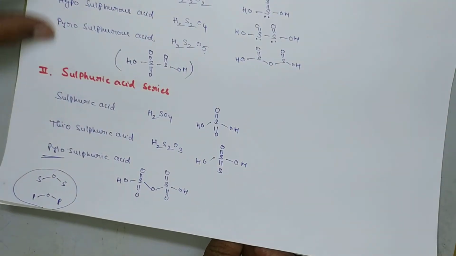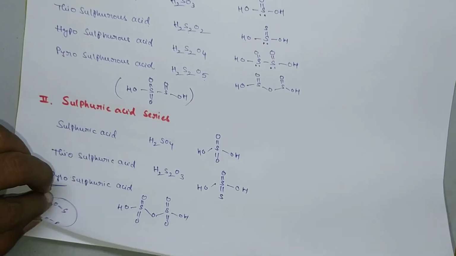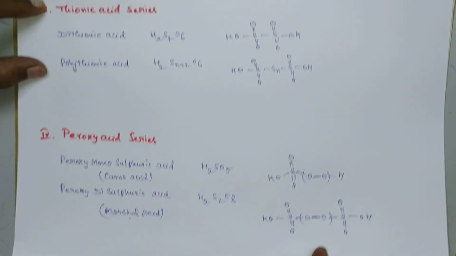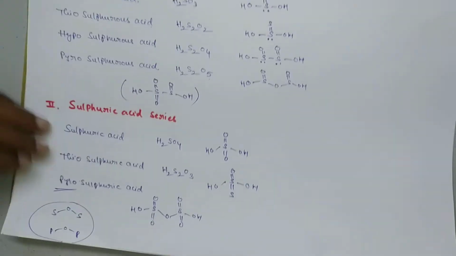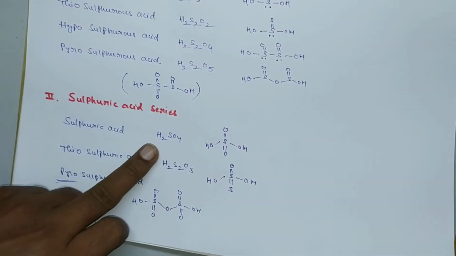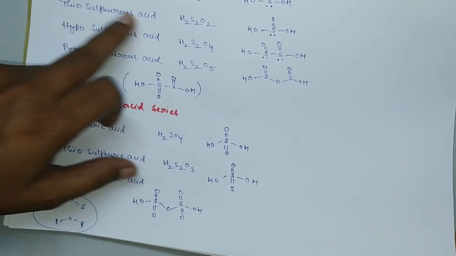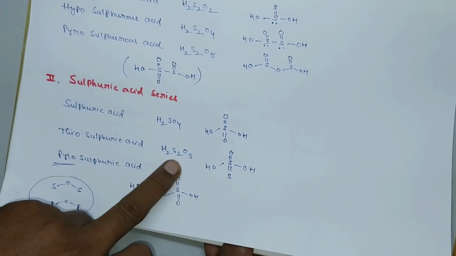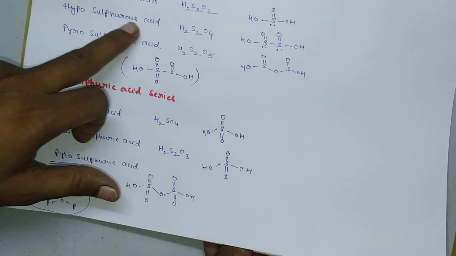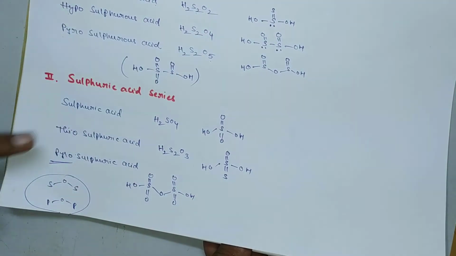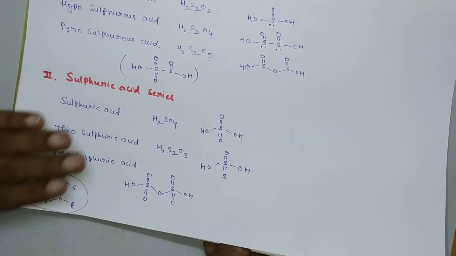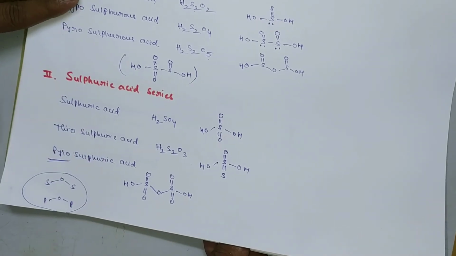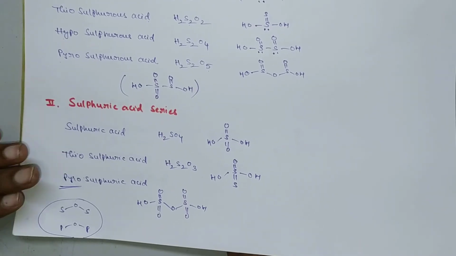So sulfurous acid, sulfuric acid, again the thionic acid series, and next one the peroxy acid series. Here we are increasing the oxygen content, H2SO3 increases to H2SO4. Thio means H2S2O2, here H2S2O3. Hyposulfurous acid means H2S2O4.